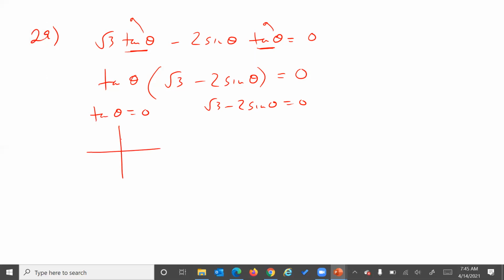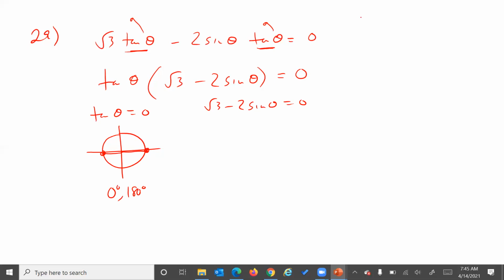All right, unit circle. Tell me when tangent is equal to 0. That's 0 and 180. 0 degrees, 180 degrees.